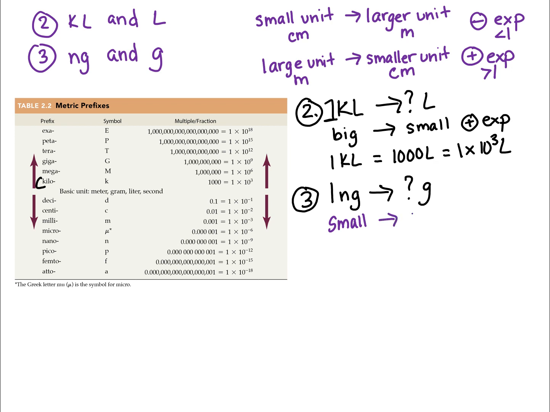Smaller than a gram. So that means that we're going to have a negative exponent. And our answer is going to be less than 1. We go to the chart, we look for nano, and we write it in. We said our exponent is negative, and there's our units.